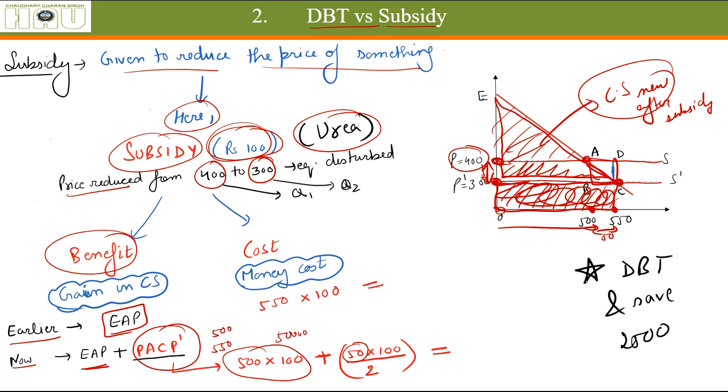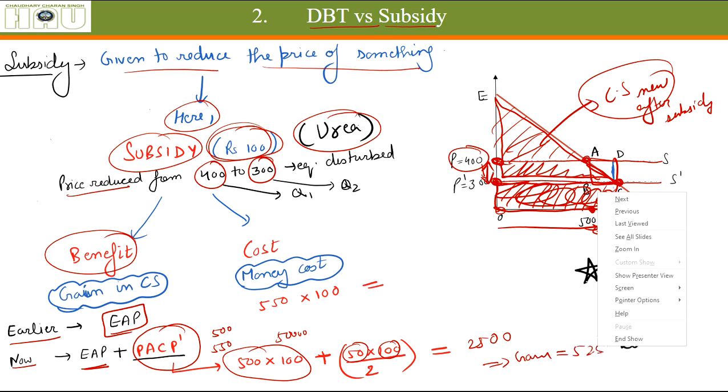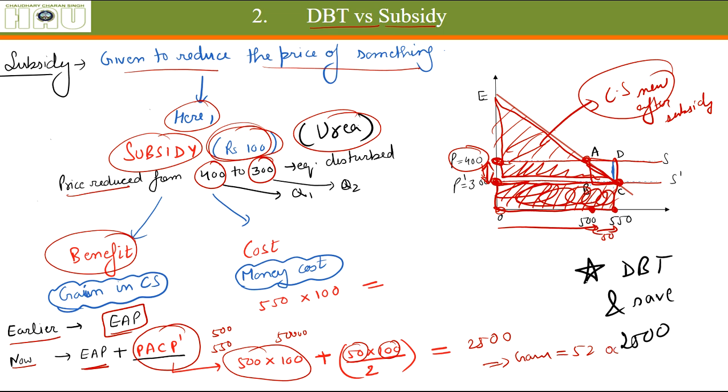Half of it is 50 into 100 divided by 2, which is equal to 2500. So the gain in benefit is 52,500. Understood? This is the benefit of subsidy.